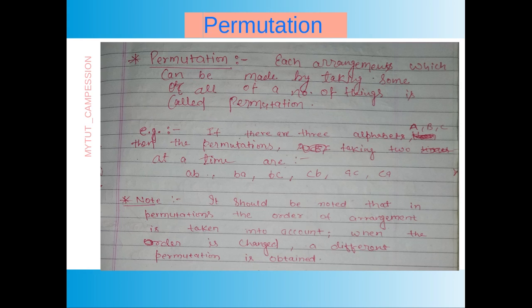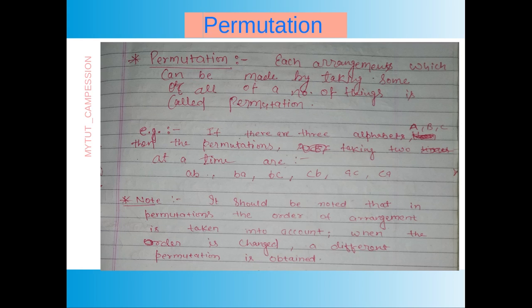For example, if there are 3 alphabets A, B, C, then what is the permutation taking 2 at a time? I have 3 alphabets A, B, C, so how many ways can we arrange them by using only 2 alphabets?